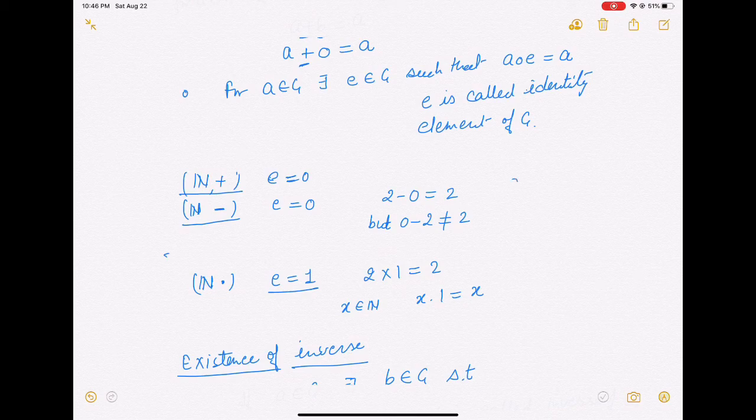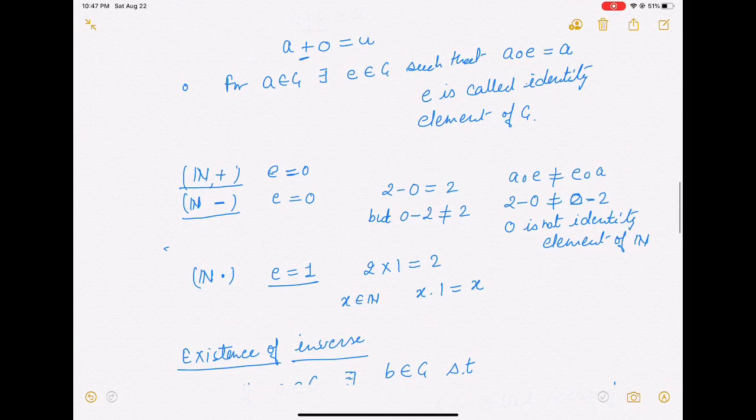That means A operation E is not the same as E operation A. That means 2 minus 0 is not the same as 0 minus 2. So 0 is not the identity element of N.